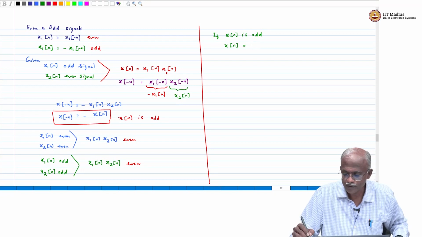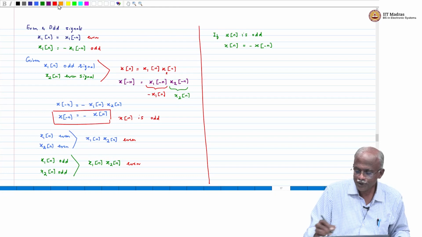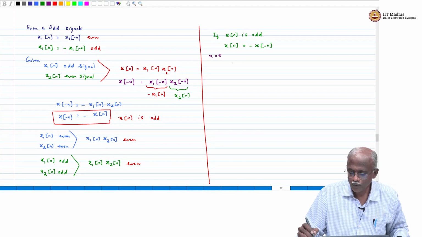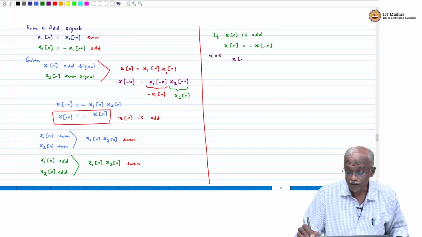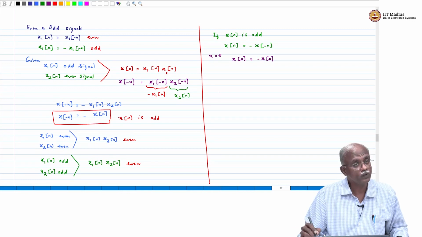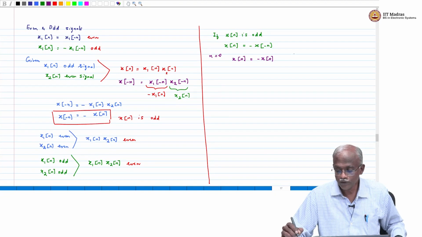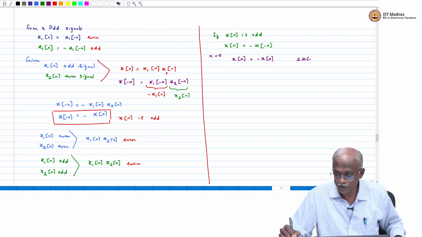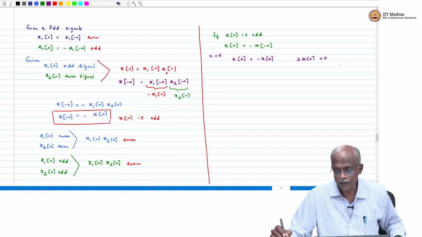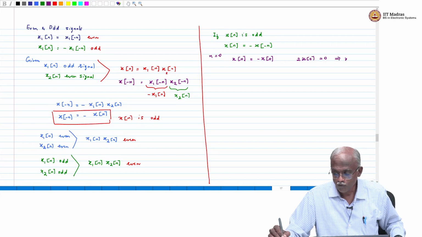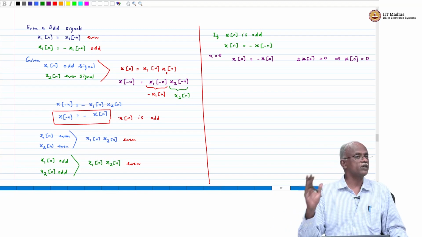That is the property. Now, substitute n equal to 0. What do you get? X of 0 is equal to minus x of 0. Bring x of 0 to this side: 2 times x of 0 equals 0, which means for an odd signal x of 0 must always be 0.